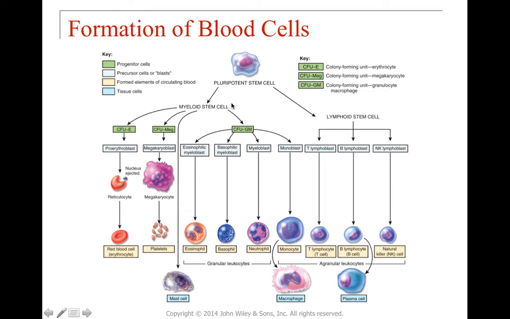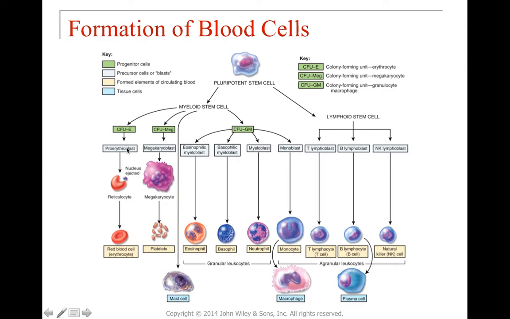It also can become a granulocyte macrophage. Now, if it heads down this erythrocyte pathway, it becomes a proerythroblast. Both the word pro and the word blast indicate that it's a precursor, right? Pro usually means that it's going to have a cleavage event or something that happens that makes it whatever the next thing is. So it's going to be a proerythroblast. It's a precursor.